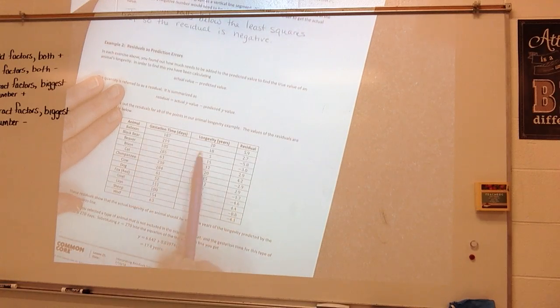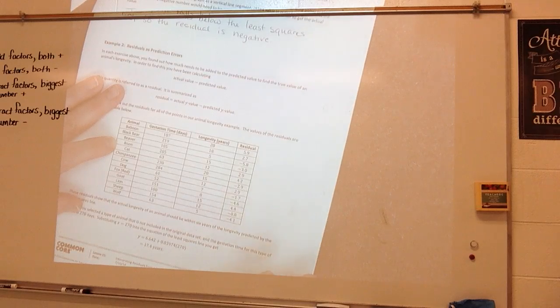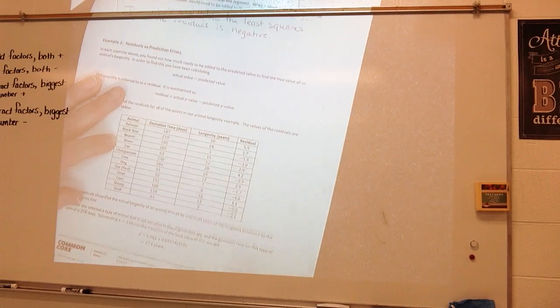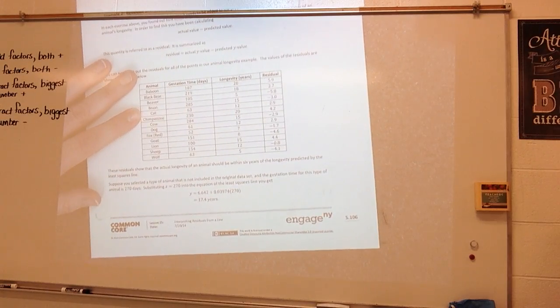Looking at my residuals, I would probably say between 11 and 15 years, maybe even a little bit longer, because we do have a chimpanzee that lives 20 years, and it says 6 years within that reach.